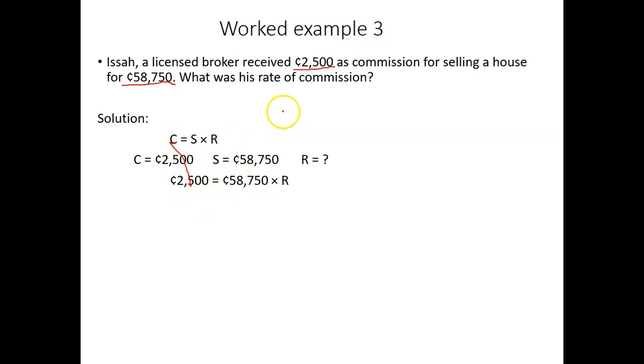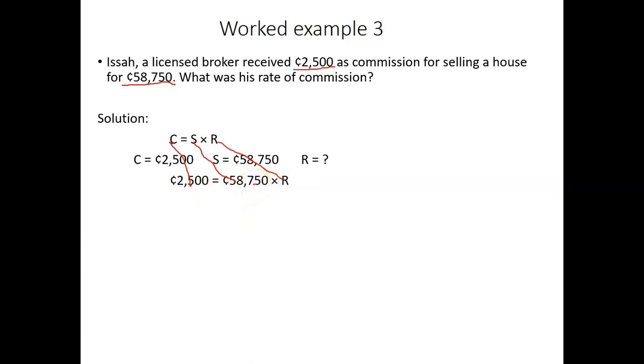And then sales is also known. The level of sale was known, isn't it? 58,750. So we replace S with 58,750, as you can see, and then we don't know the rate of commission, so it remains R. Are you following? Now the coefficient of R here is 58,750. So all we're going to do is divide both sides by 58,750 so that the 58,750 here can leave.